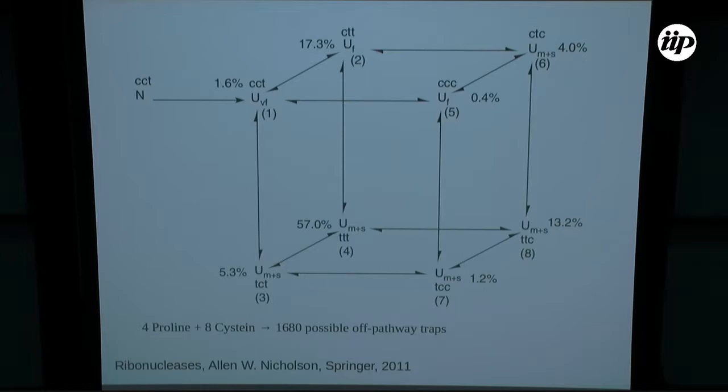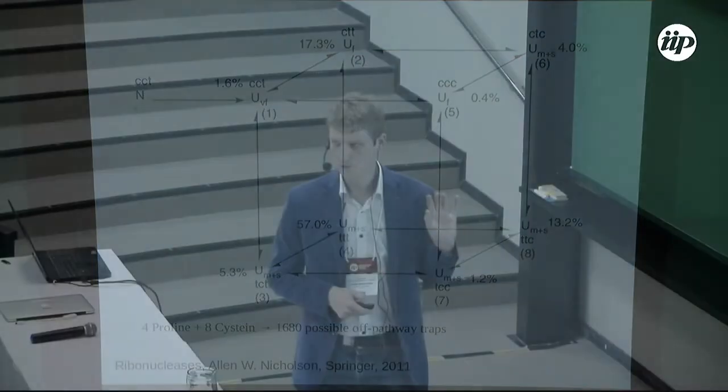I'm only considering slow forming pathways, possibles, and traps. And it results in 1,680 possible slow folded traps. By slow folded, I mean either disulfide bond formation or cis-trans peptide group isomerization.